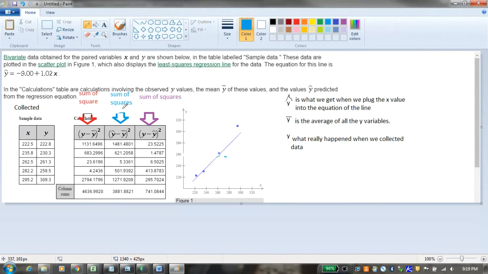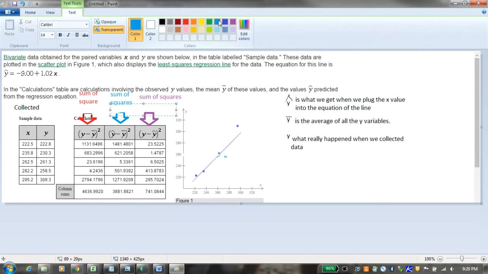When we take our y hat, what we predicted to happen, minus our y bar, this is our sum of squares regression. When we take our y minus y bar, that is our sum of squares total.